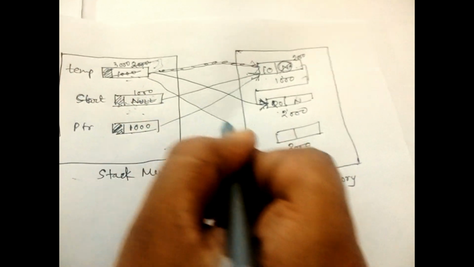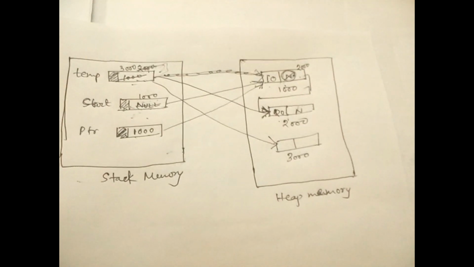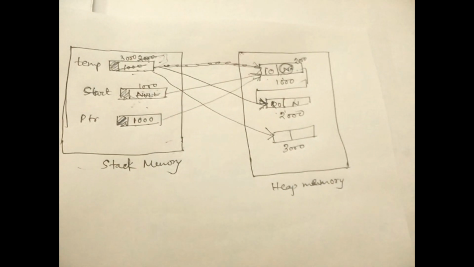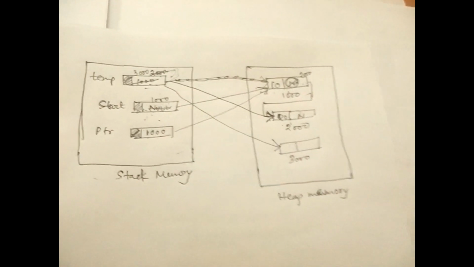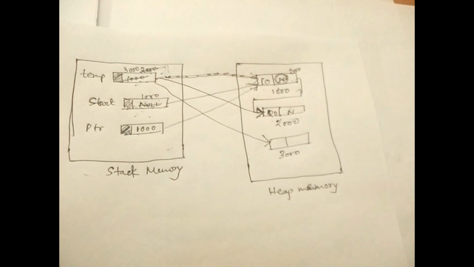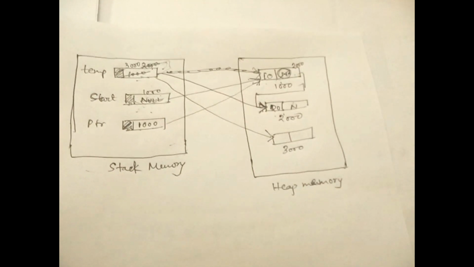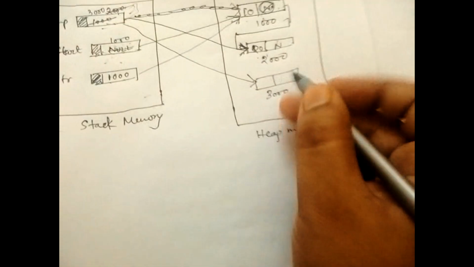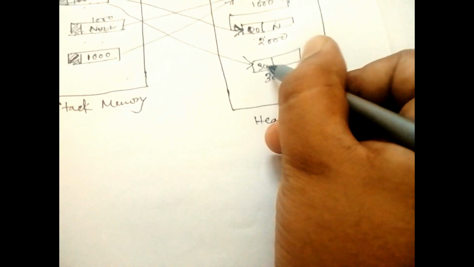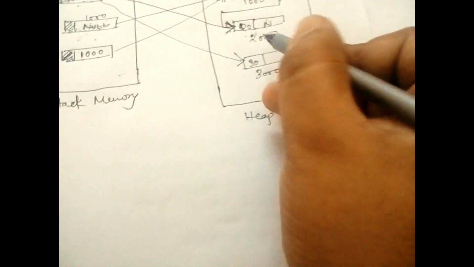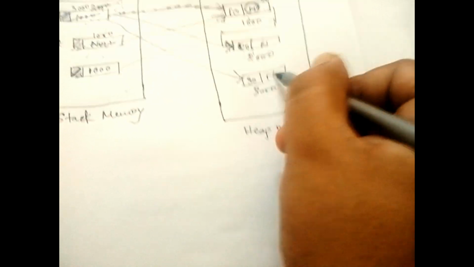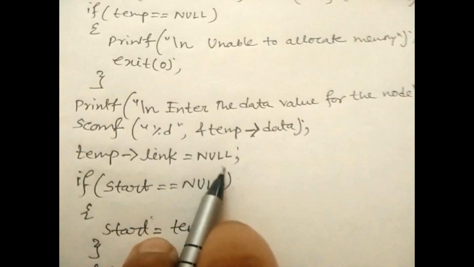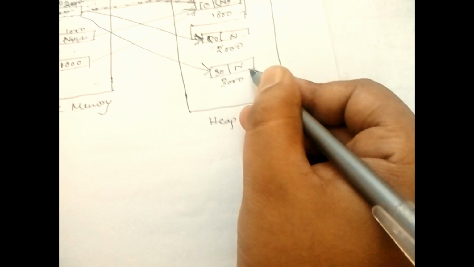That means temp points here. Clear? Again we are inserting the value into the data field of node temp, using temp arrow data. Suppose the value is 30. Clear? And temp arrow link equal to null. So it is null.